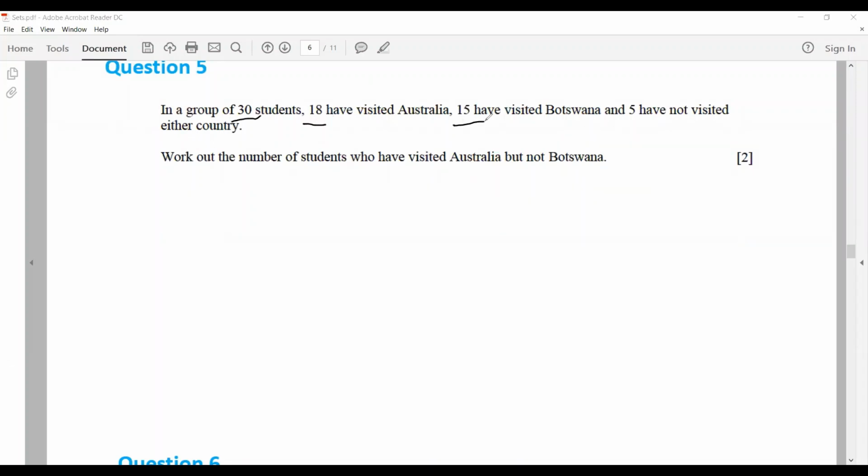Definitely some of those students who visited Australia also visited Botswana, because when you add 15 and 18, you get 33, which is 3 more than 30. Plus, 5 students have not visited either. So we're looking at 25 students who traveled to Australia or Botswana. So it means 8 students must have visited both.